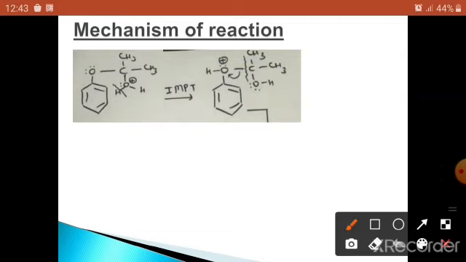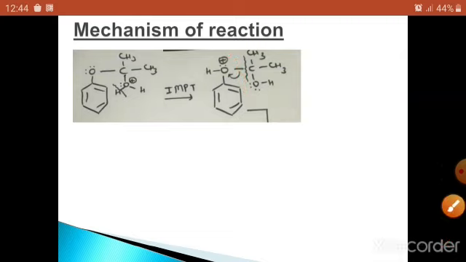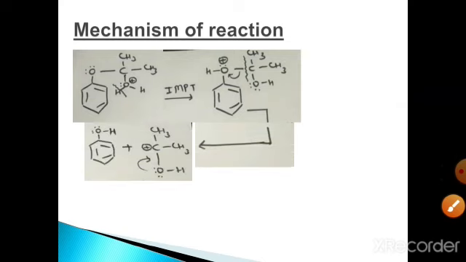When this makes the bond with the oxygen, it also creates a positive charge on the oxygen, and when the positive charge on the oxygen is formed, then this bond will break, and it is converted into phenol. When the sigma bond between oxygen and carbon breaks, it creates a positive charge on the carbon, and a carbocation is formed.